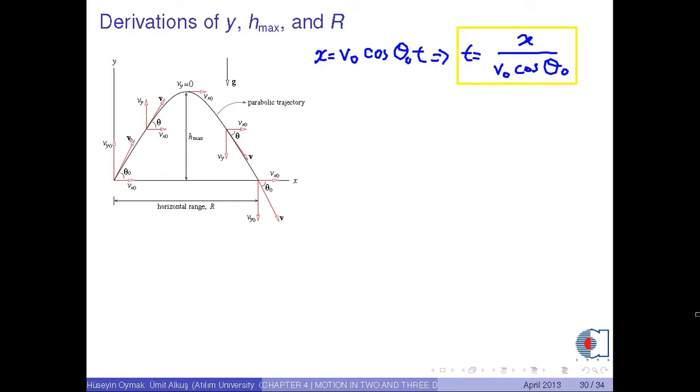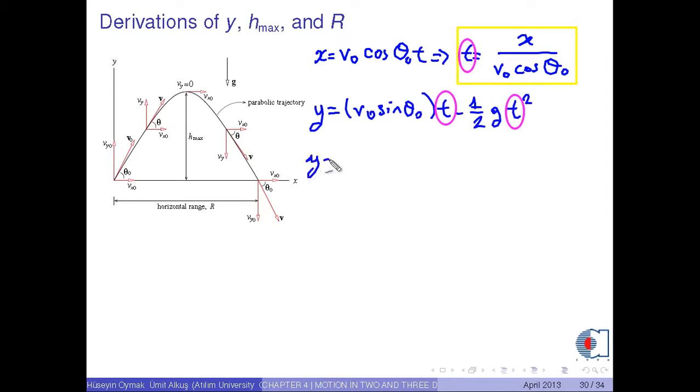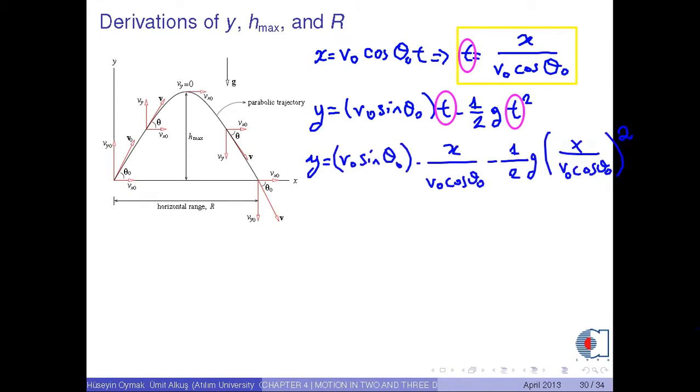Substituting this into the equation for y, we get y equals V0 times sine theta 0 times x over V0 times cosine theta 0 minus 1 over 2 times g times x over V0 times cosine theta 0, and square of the whole thing.